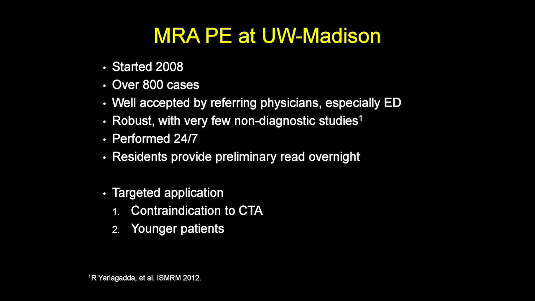But I think with the newer advances in parallel imaging that allow us to acquire a full chest MRA in 15 to 18 seconds, it has become clinically feasible at UW.